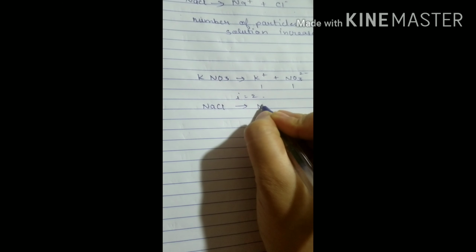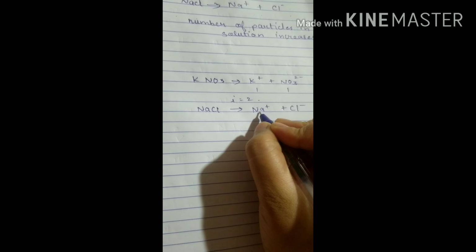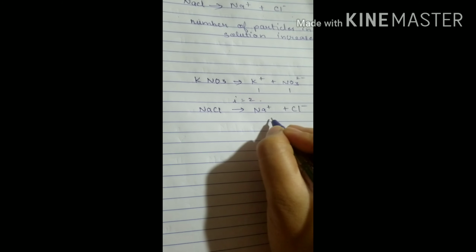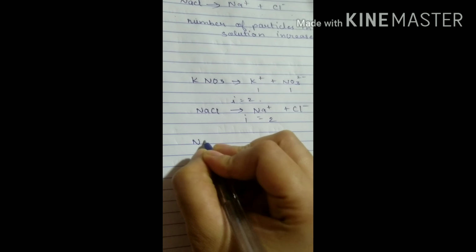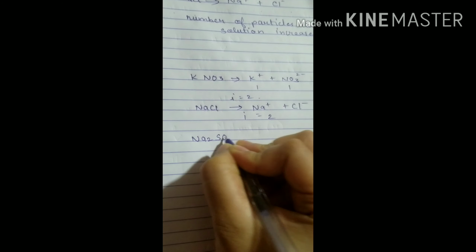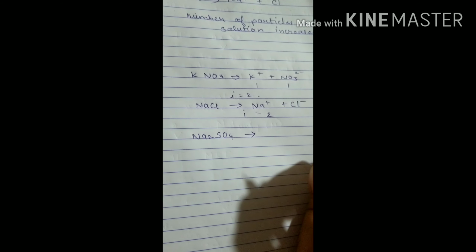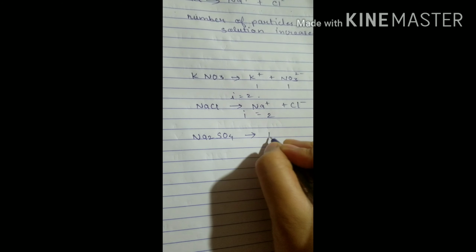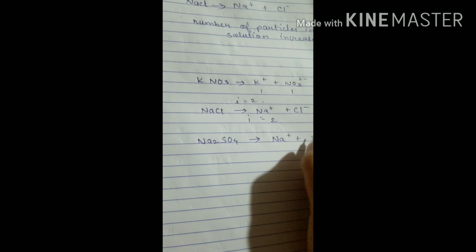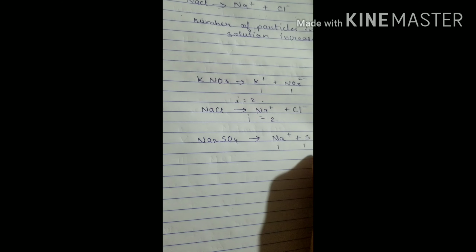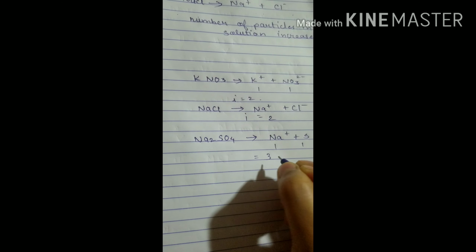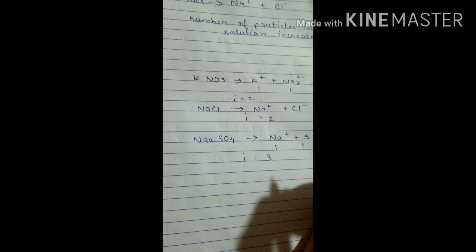Okay, similarly for NaCl, again we know it is going to split up as Na plus and Cl minus, so again Na and Cl, hence the value of I is going to be 2. Now if you are taking Na2SO4, okay, we know it is going to split up as Na plus and SO4, so 1, 2 and 3, that is why the value of I is going to be 3.